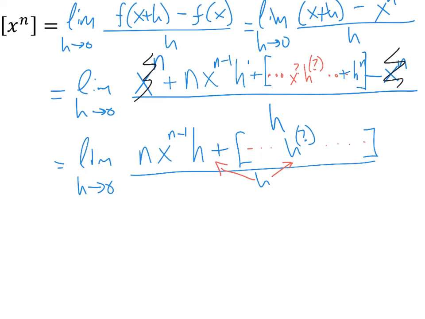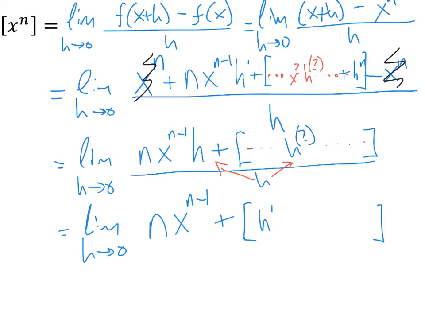And that's going to leave us with the limit as h goes to 0. The first term will be nx to the n minus 1 plus, and then all of these, since they had at least h to the 2 or greater, will have h to the first or greater. So there are going to be a bunch of terms here that will be at least h to the first.